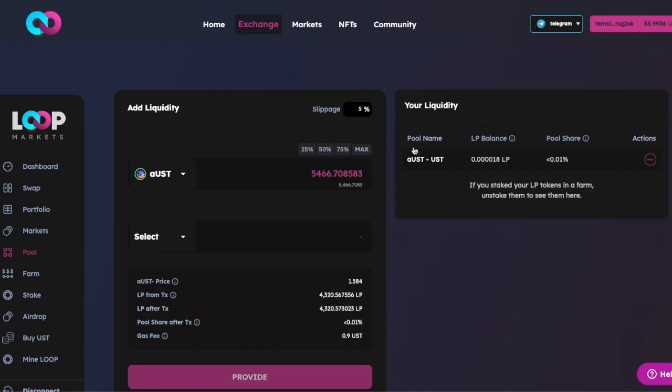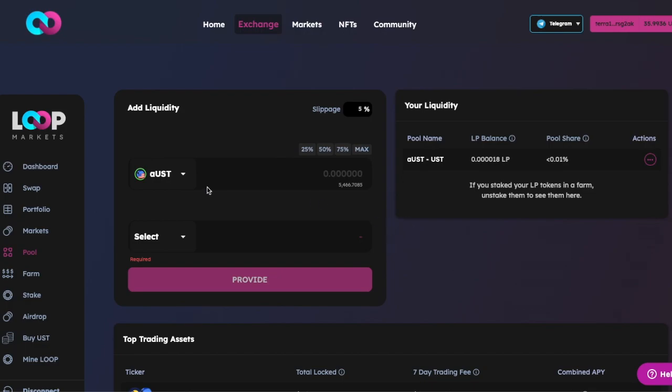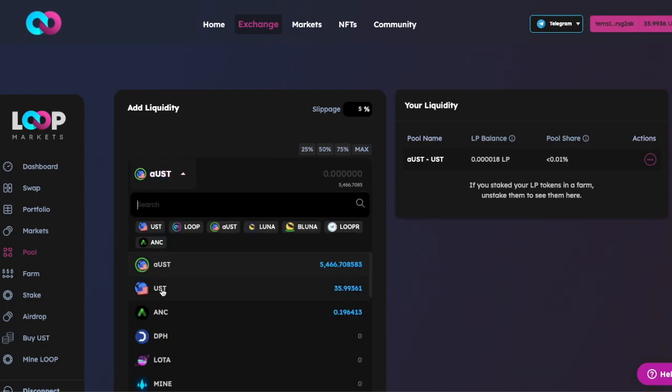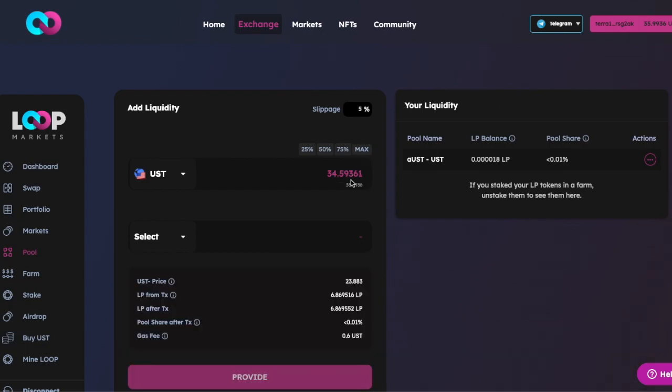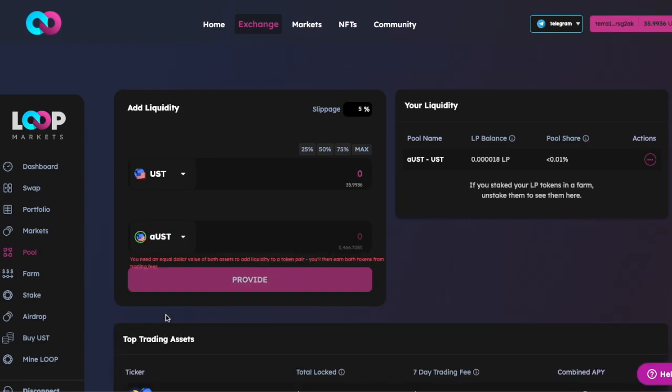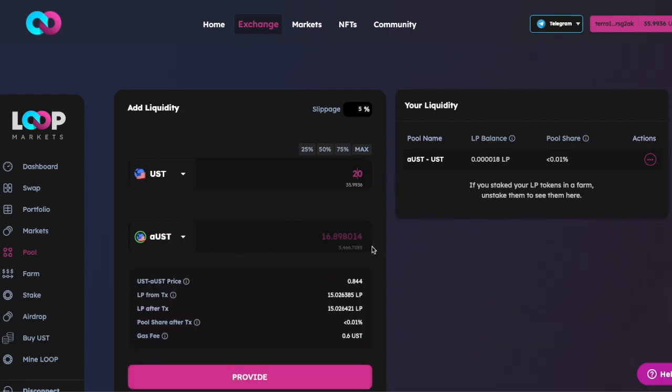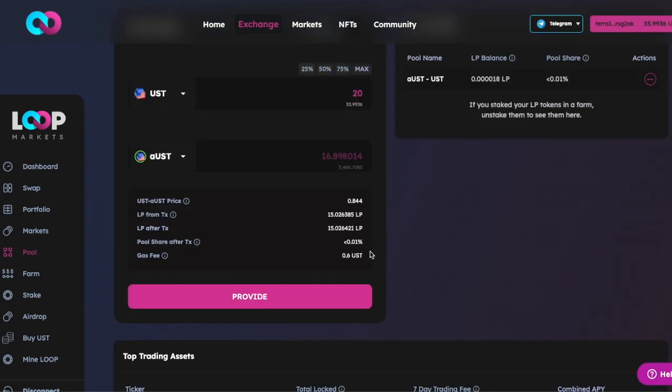What I can also do is have, say, UST. In this case, I've got about $34 of UST. I'll say I'll use $20, and I'll select AUST. So $20 of UST and AUST, and then I'll click on provide liquidity.